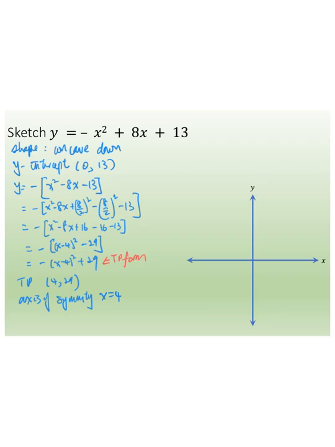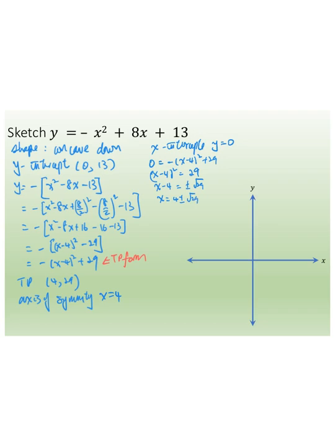Now we need to find the x-intercept, which is when y equals 0. Therefore, 0 equals minus (x minus 4) squared plus 29. Rearranging, (x minus 4) squared equals 29, x minus 4 equals plus or minus square root of 29, and x therefore equals 4 plus or minus square root of 29.